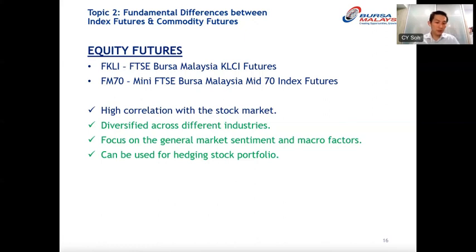When the stock market goes up, FKLI would definitely follow accordingly. The index components, the top 30 market cap stocks, come from different industries, so the index itself is considered quite well diversified and represents the broad market.